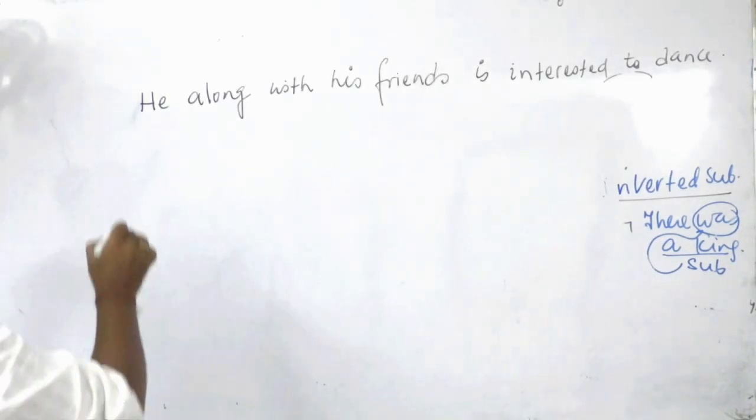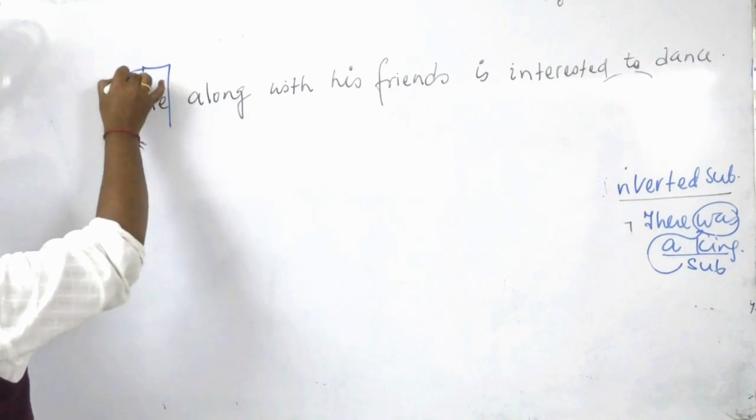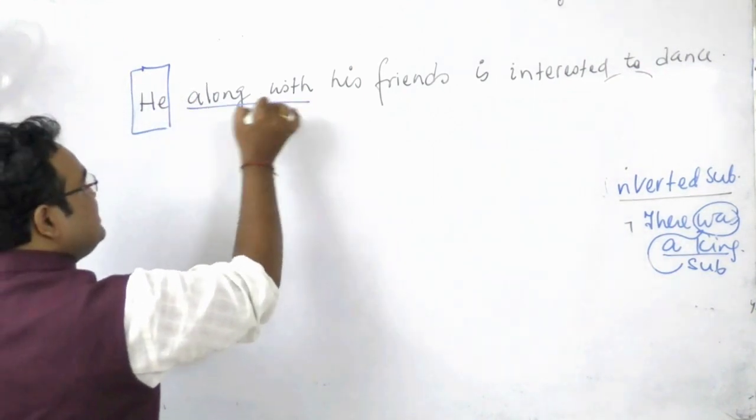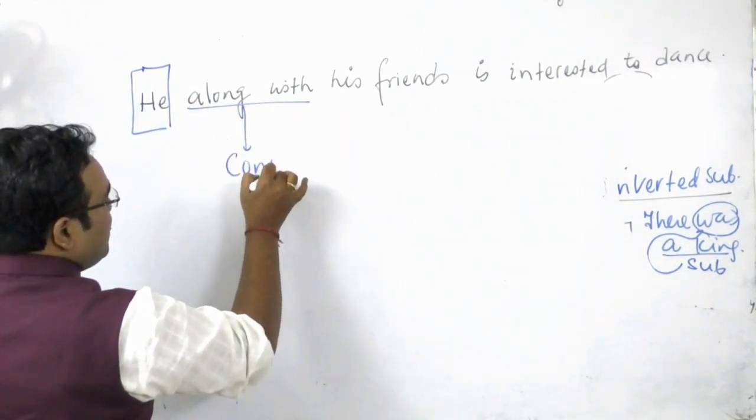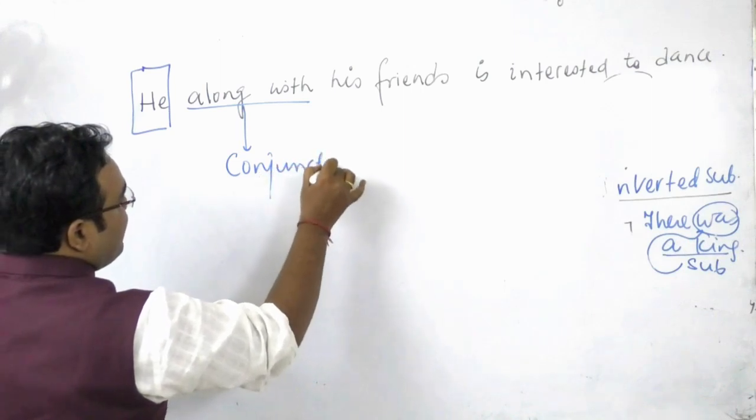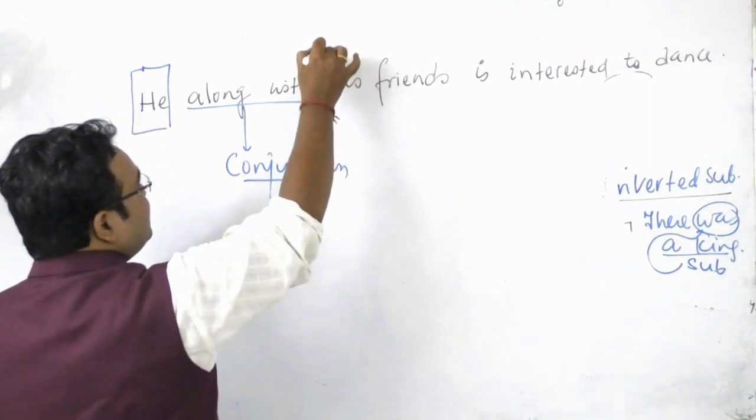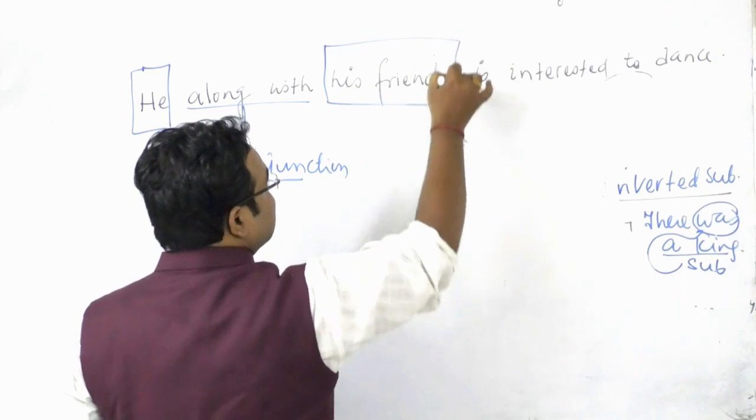Just see here, this is one subject, this is the conjunction, and his friends is another subject.